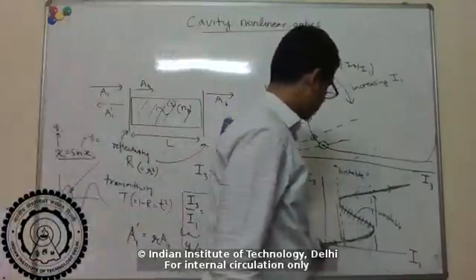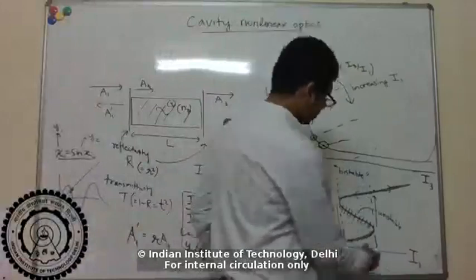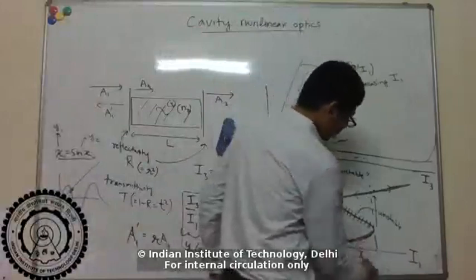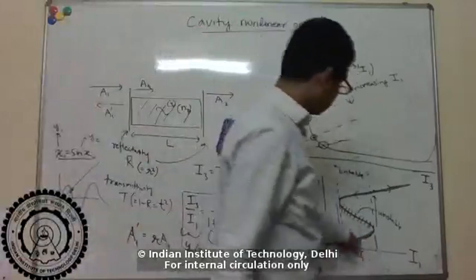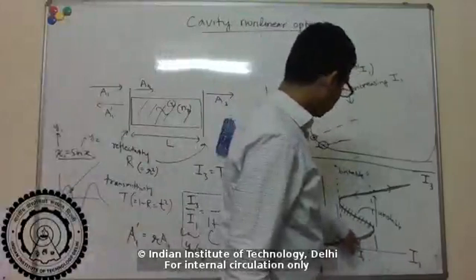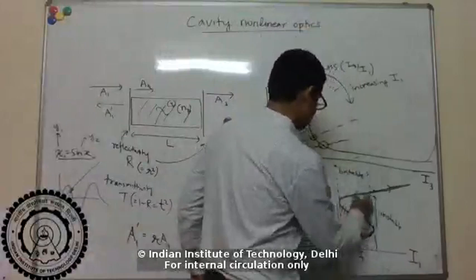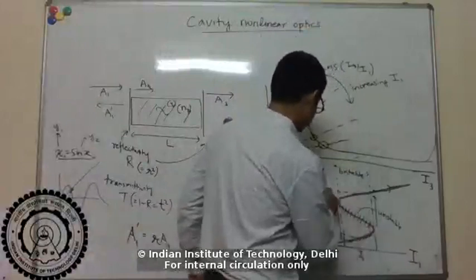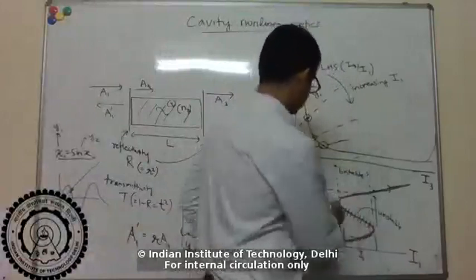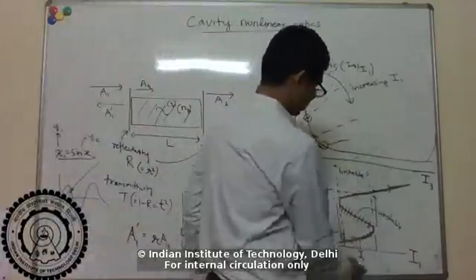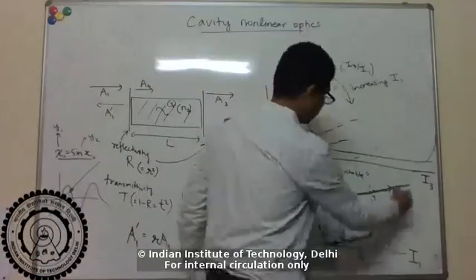How you arrived at that. So your input intensity could be I1, but for the same intensity, my output could either be this I3A or I3B, and which one it is depends on whether it came from a lower intensity or higher intensity.